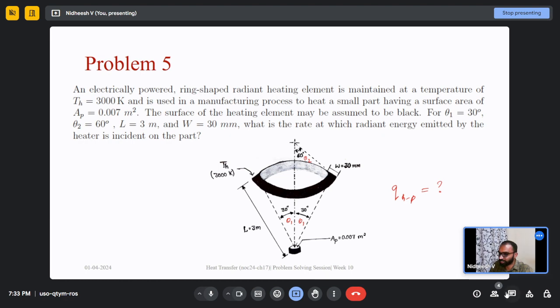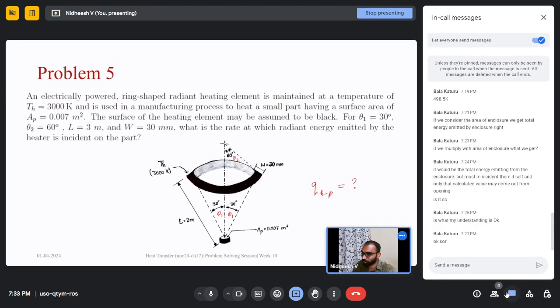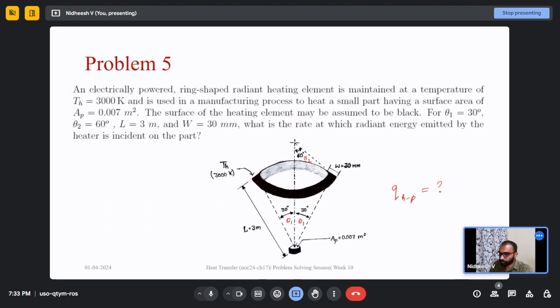Is someone there? Since there is no response, I'm assuming that the problem statement is clear, and I will proceed to the solution.